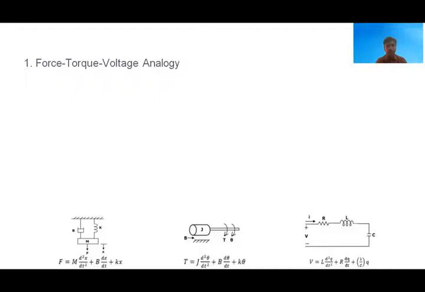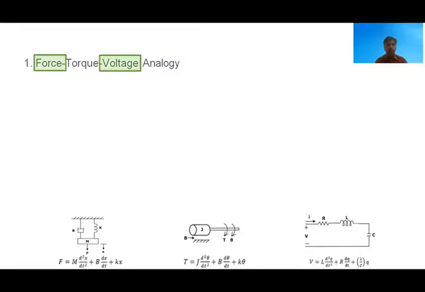For the rotational system, it is T is equal to J d square theta by dt square plus b d theta by dt plus k theta. For the electrical system, by KVL, we have V is equal to L d square q by dt square plus R dq by dt plus 1 by C q, where q is the charge and it is equal to integral of I dt.